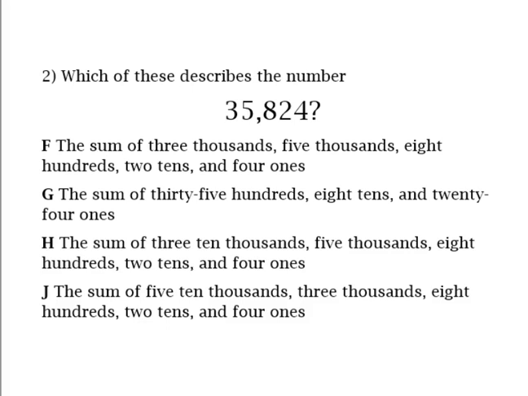H, the sum of 3 10,000s, 5 thousands, 8 hundreds, 2 tens, and 4 ones. J, the sum of 5 10,000s, 3 thousands, 8 hundreds, 2 tens, and 4 ones.